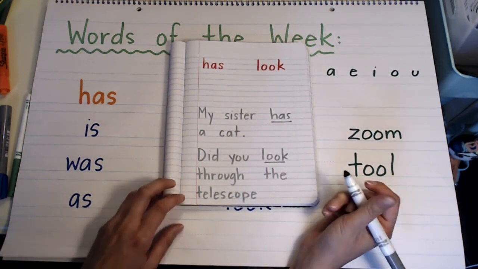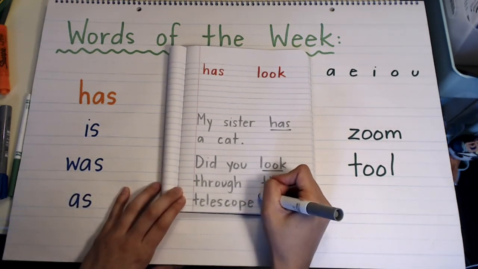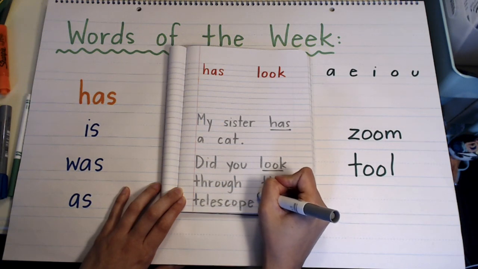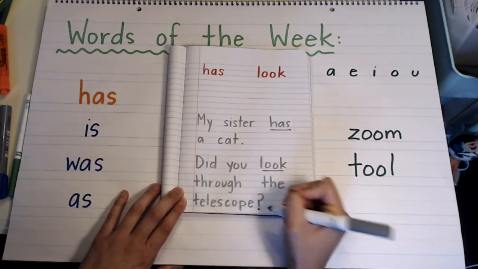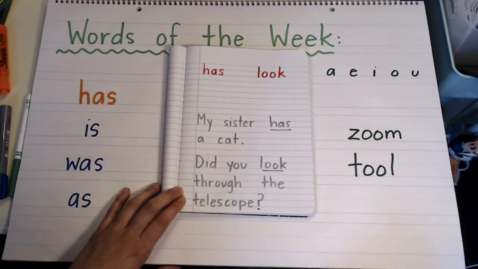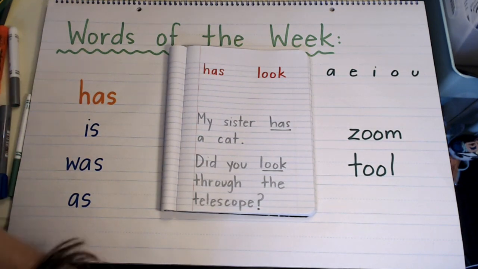And it's a question, so you need to write a question mark if you ask a question. A question mark, you can write it like this. You make like a backward C, a straight line down, and then a dot at the bottom, just like a period underneath. All right, do some awesome writing today.